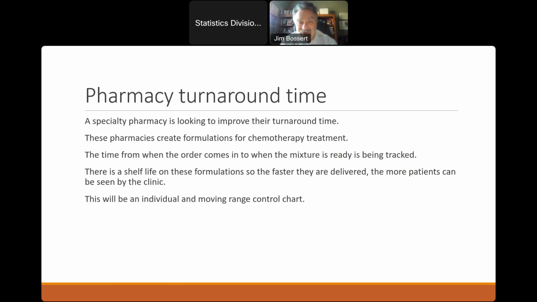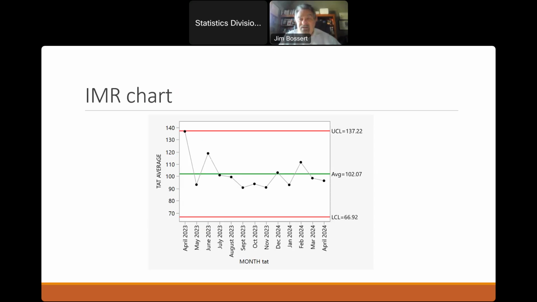All right. So this is going to be something that lends itself to an individual moving range chart. And if we look at this, there's the average time right here. Over a month, it's looking at it and saying, wow, I've got an average turnaround time of 102 minutes. So less than 2 hours from the time it started to the time it's made. Notice though, when it first started in April 2023, it was over 2 hours.